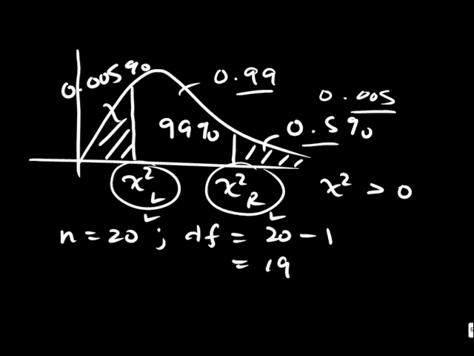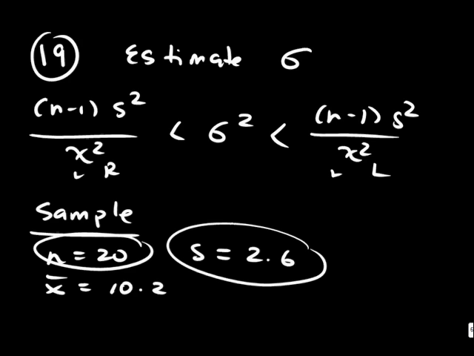So, going back to the format, we have a chi-square R value and a chi-square L value. We have N, we have S. So, let's write this down. N is 20, so that's 19.